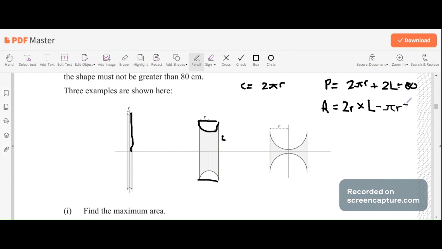Okay, sweet as. So, given that, we know that 2L equals 80 minus 2 pi r. That means L equals 40 minus pi r.